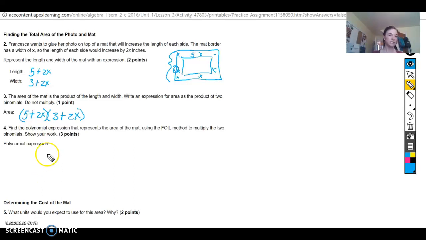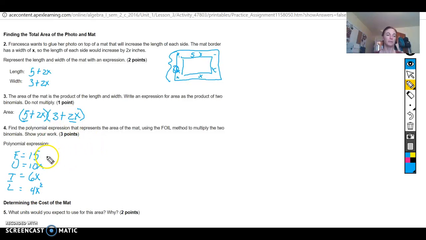So when I do that, my first terms will be 5 times 3 is 15. My outer terms, 5 times 2x is 10x. My inner terms are 2x times 3, which is 6x. And my last terms are 2x times 2x, which is 4x squared.